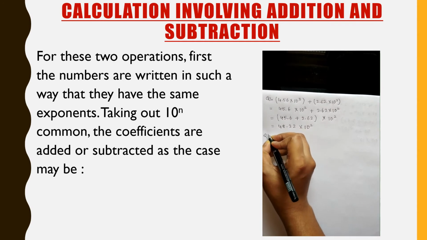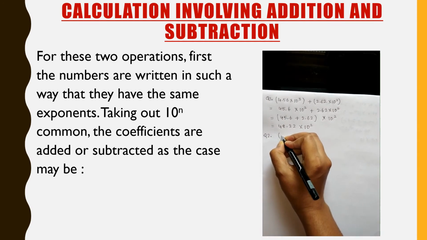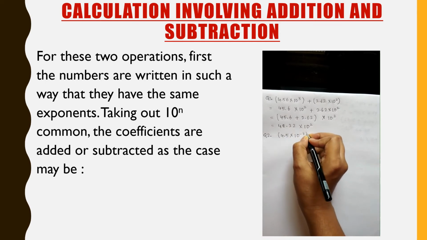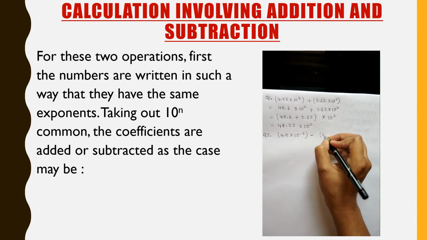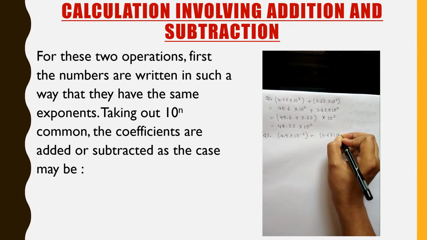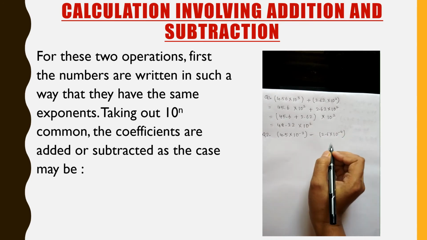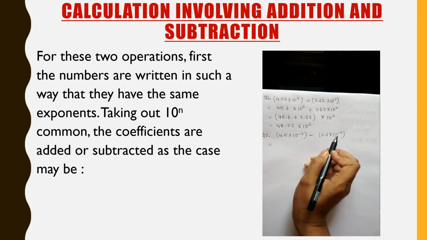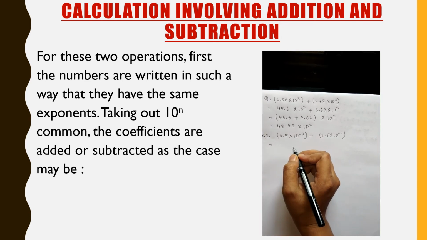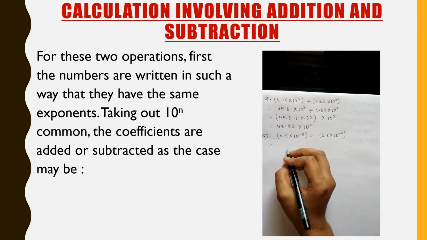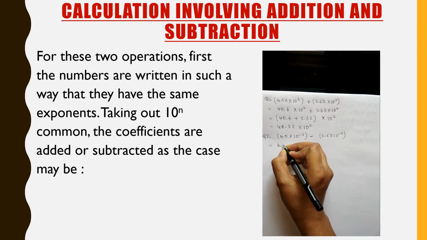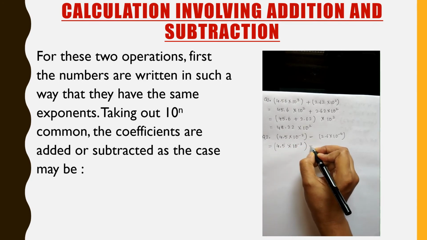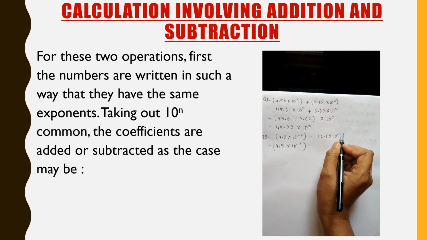Suppose we take one more example, for subtraction: 4.5 into 10 to the power minus 3 minus 2.6 into 10 to the power minus 4. Suppose we have to subtract both of them. For subtraction, first we have to make both the exponents similar. So we can write 4.5 into 10 to the power minus 3 as it is, and then minus, we change this exponent to minus 3.